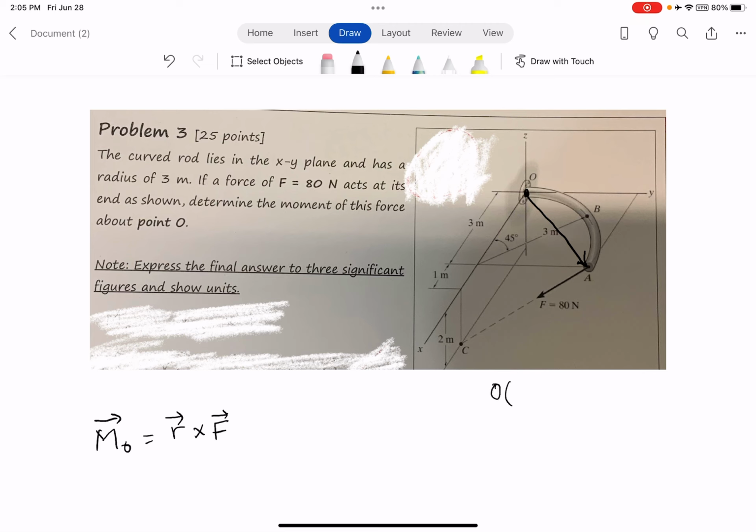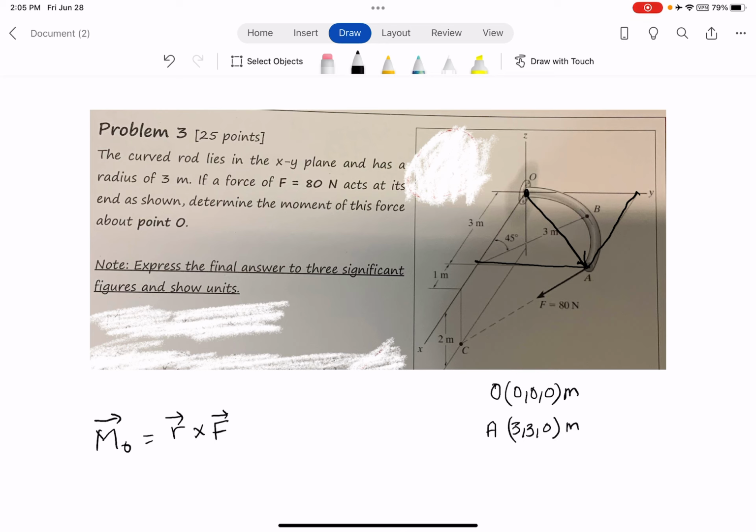The coordinate of O is at the origin, 0, 0, 0. And for A, you can see the coordinate is 3 in the X and also 3 in the Y, so 3, 3, 0 meters.